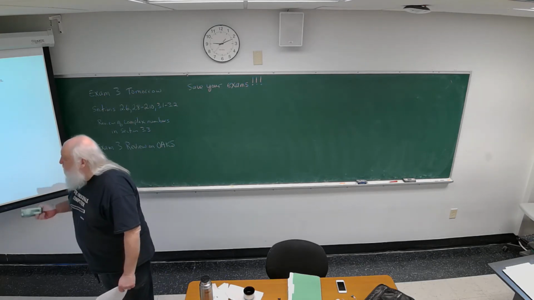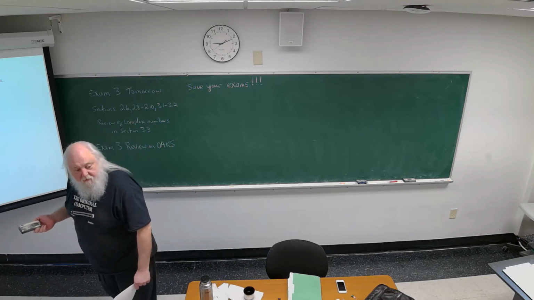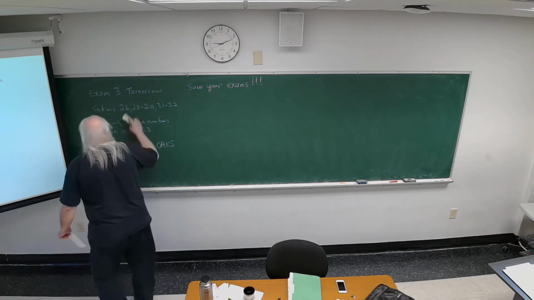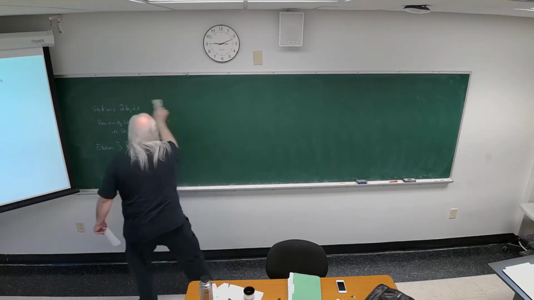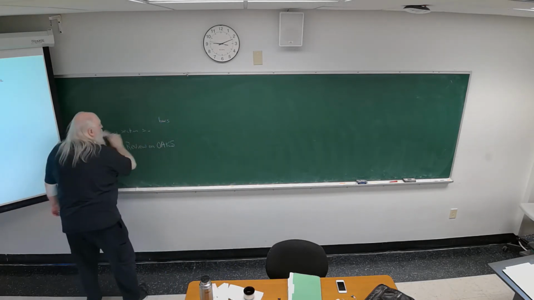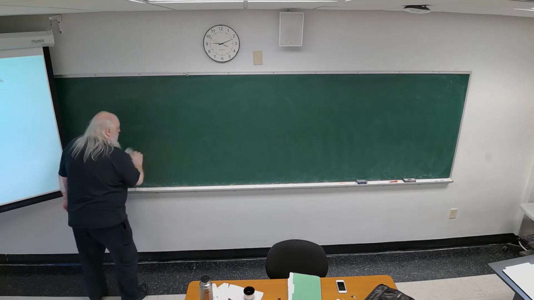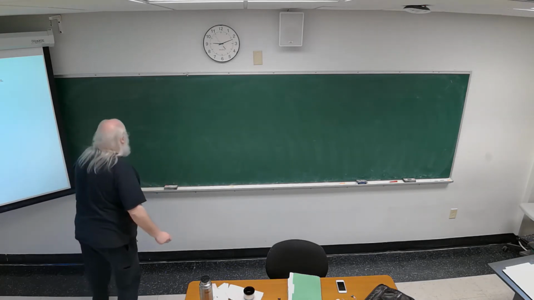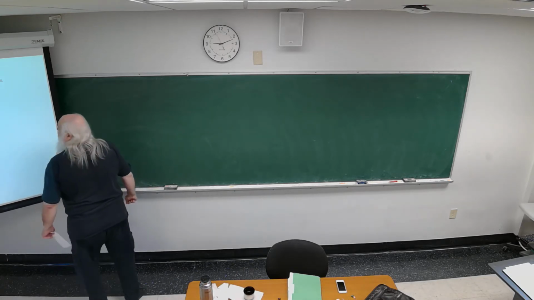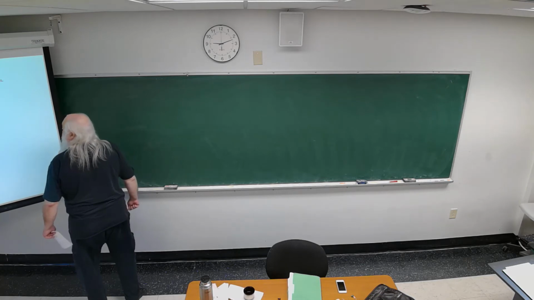So how many zeros does that polynomial function have? 4, right? The number of zeros equals the degree of the polynomial. Some of the zeros can be repeating zeros, right? But there are 4.